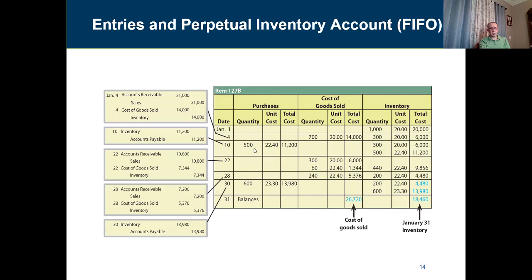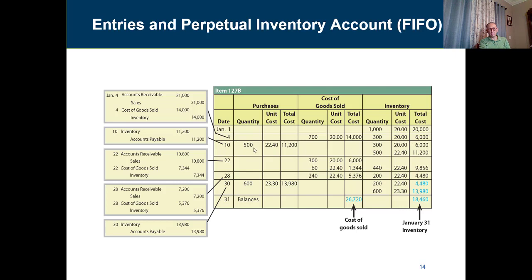Then on January 10th, we purchased 500 units at $22.40. If we multiply these together, that would be 11,200. Our balance now consists of two batches of inventory. We have the remaining 300, so we give it a separate row here, 300 at $20 for a total of 6,000.